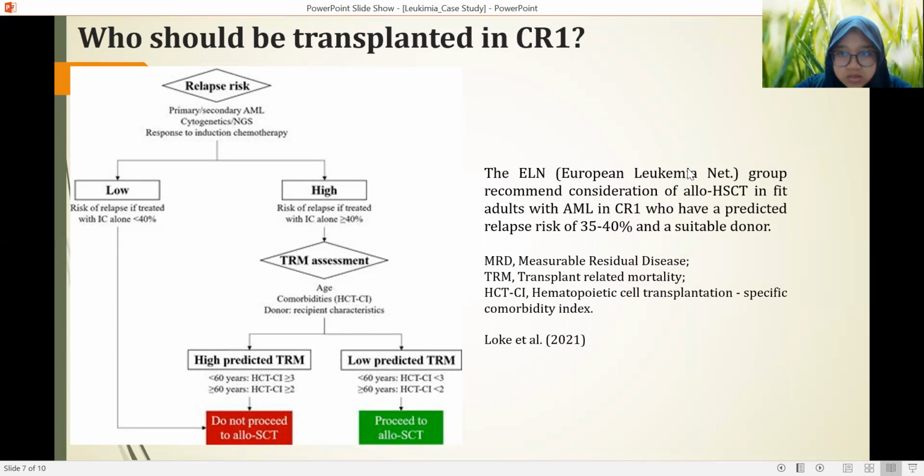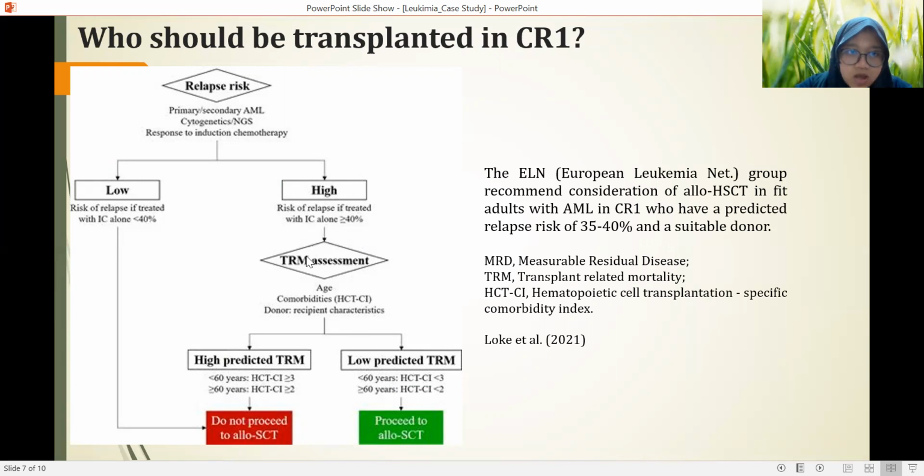So these are the patients that can receive the allograft, or allo-SCT treatment. But if the patients with IC alone have a relapse risk of more than 40%, they are not allowed to receive the allo-SCT.